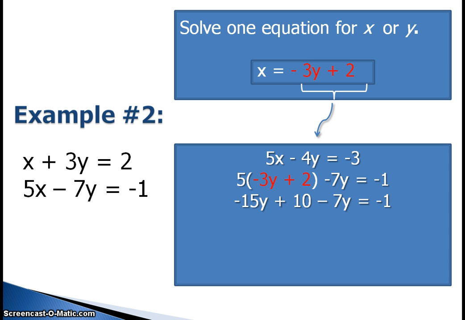So now I'm going to use the distributive property, I'm going to combine like terms, and I'm going to solve for y. It turns out that y is equal to 1/2. Now that I have a value for y, I can use this value of 1/2 to go back and find a value for x. But before I do that, please pause now and copy everything on this slide.